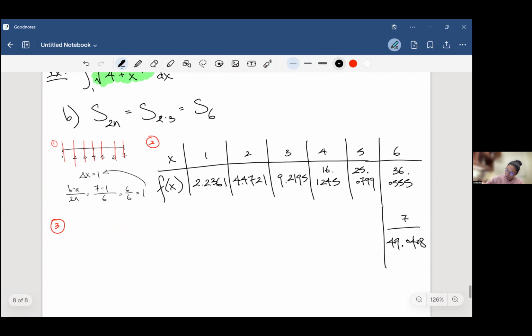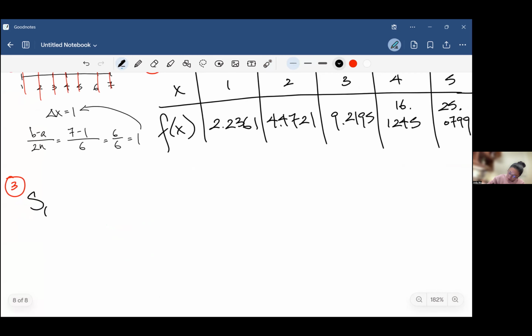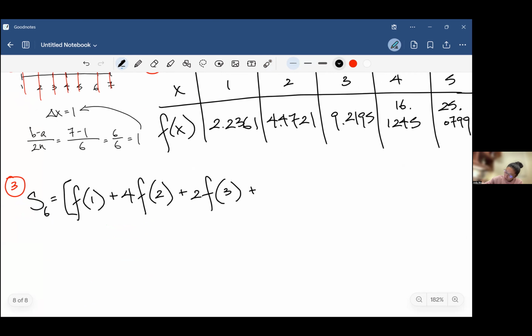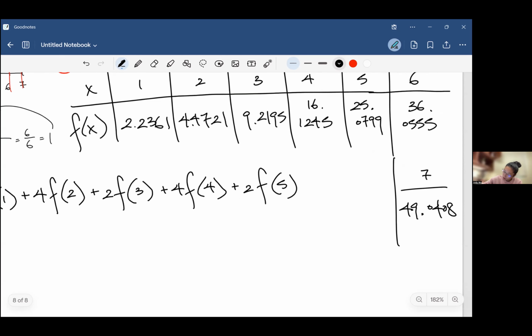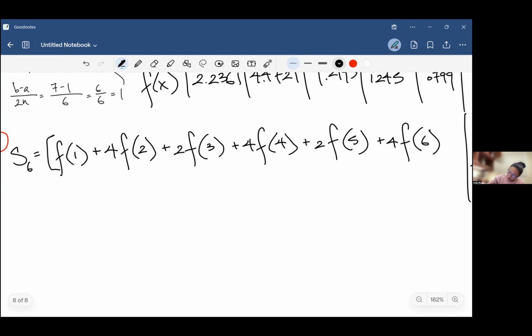The Simpson's approximation means that we have one copy of the first y value plus, this is where it starts to get a little different, 4 copies of the second plus 2 copies of the third plus 4 copies of the fourth plus 2 copies of the fifth, plus 4 copies of the sixth, also bad spacing, sorry, plus 1 copy of the seventh.